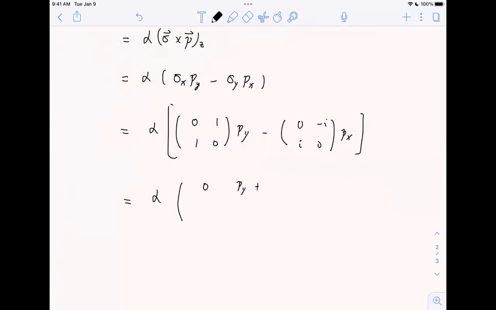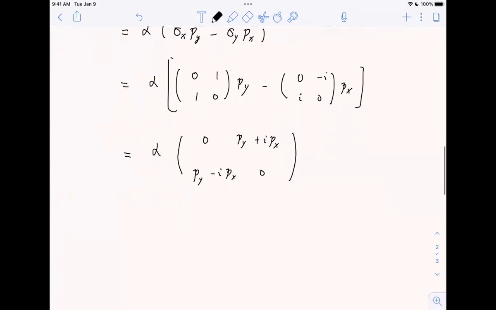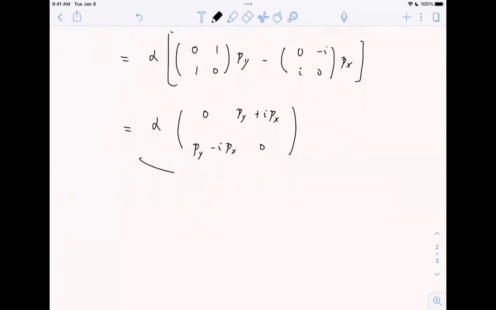Py plus Px, and Py minus Px. Okay. So we need to diagonalize it. This matrix is pretty simple. Diagonalizing the H bar will give you a dispersion like this.